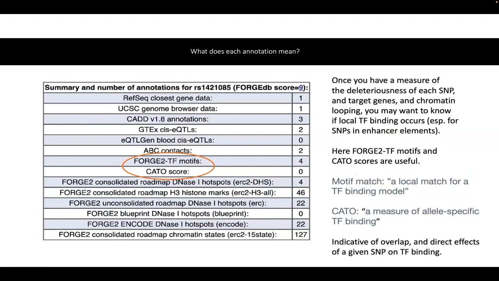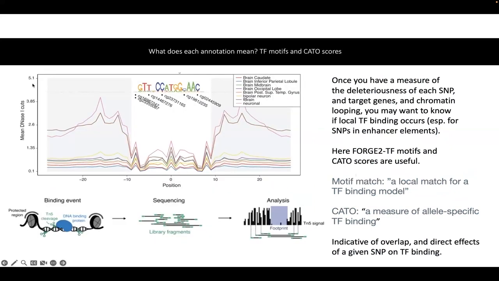These two scores come together and are really helpful to predict what transcription factor might be binding your particular SNP. So if it's an enhancer and the SNP is disrupting transcription factor binding, you want to know what motif and what CATO score support that. Yeah, which may give you information to do an experiment on that particular transcription factor, for example, ChIP-seq.